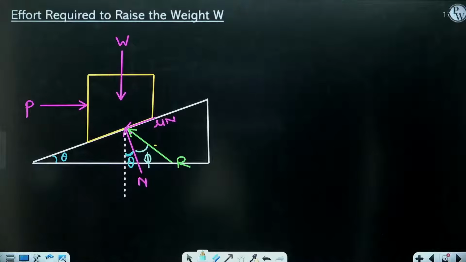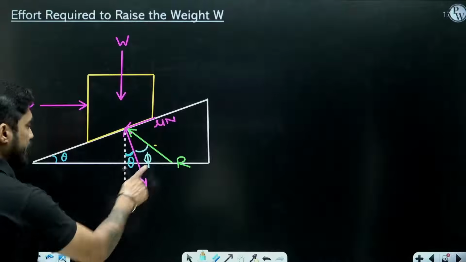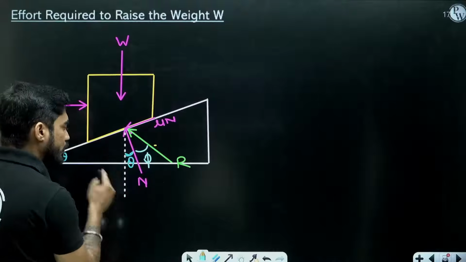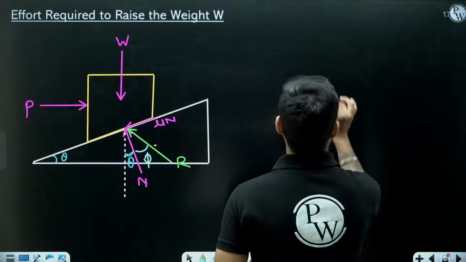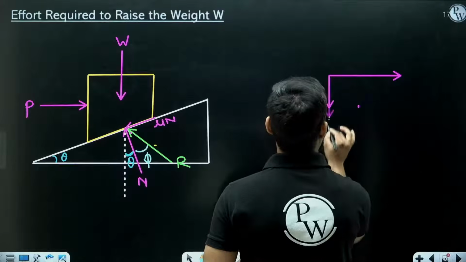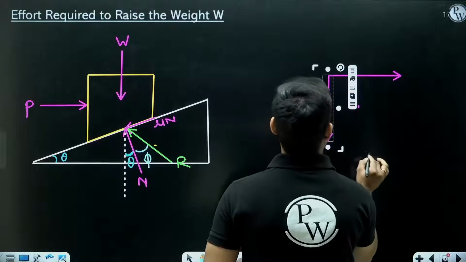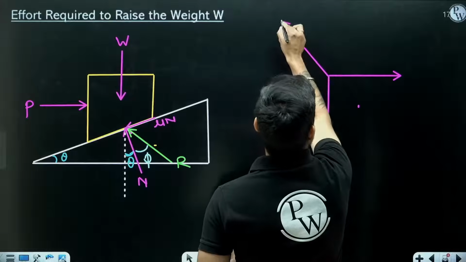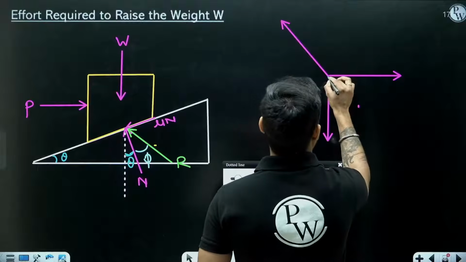Friction angle is the angle between resultant and the normal force. So now this resultant is making theta plus phi with vertical. So now you have three forces. P is horizontal, W is vertical, and then you have R making an angle theta plus phi with vertical.